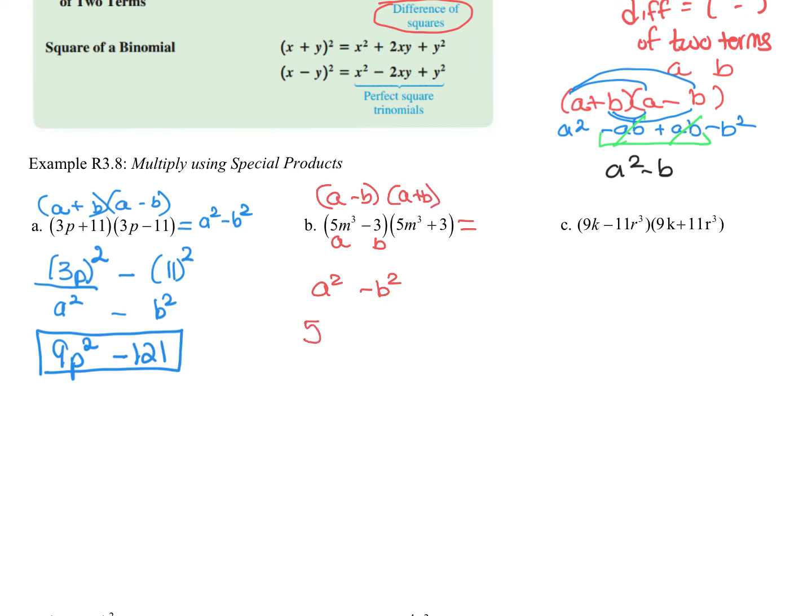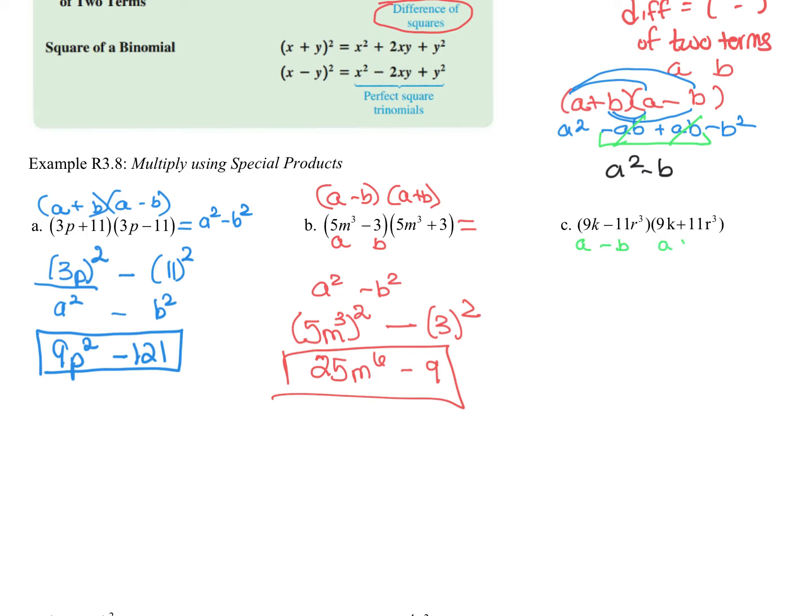So a is 5m cubed, then squared, minus b up here is 3 squared. So be careful. 5 squared is 25. M cubed raised to the second power means you multiply, so you get m to the 6th minus 9.